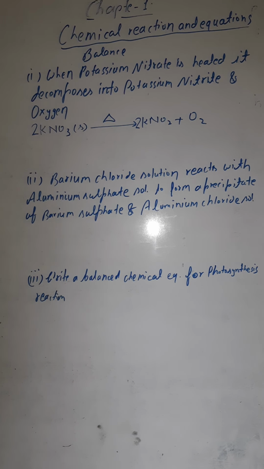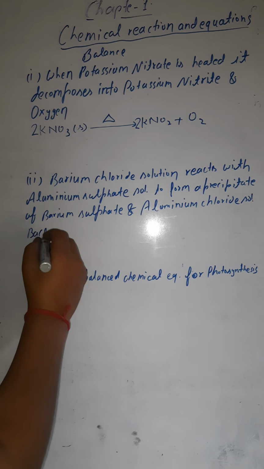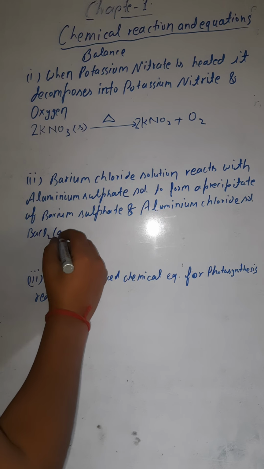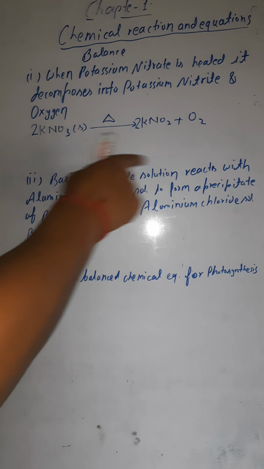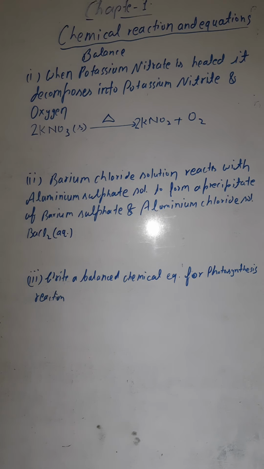Now the next one, barium chloride solution. Barium chloride is BaCl2. Solution means its state is aqueous, written as aq. Barium chloride solution reacts with aluminium sulfate solution.